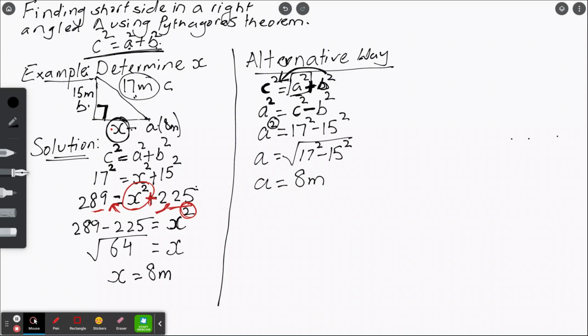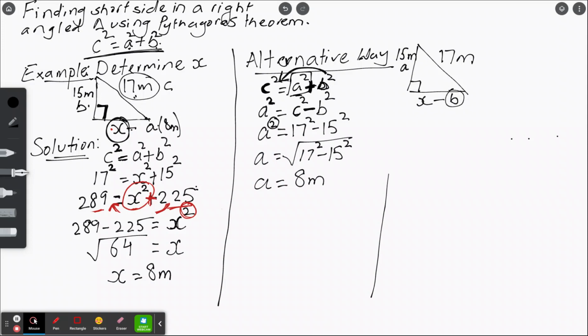Okay, now I just want to show you one more thing. So in case you accidentally, let's draw the triangle one more time. In case you consider this 15 meters as an A rather than a B, and you consider your X as B, what's going to happen then?